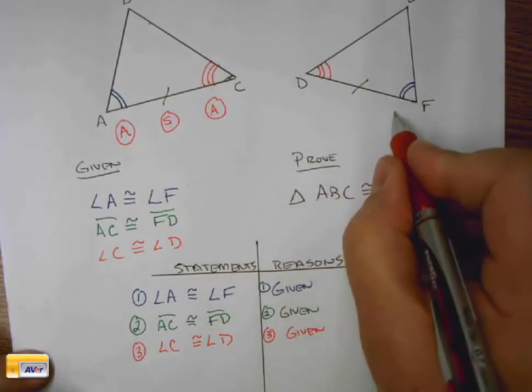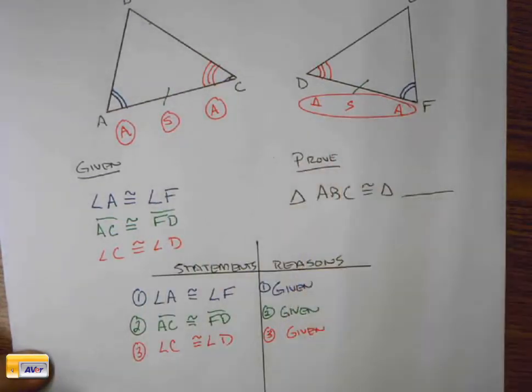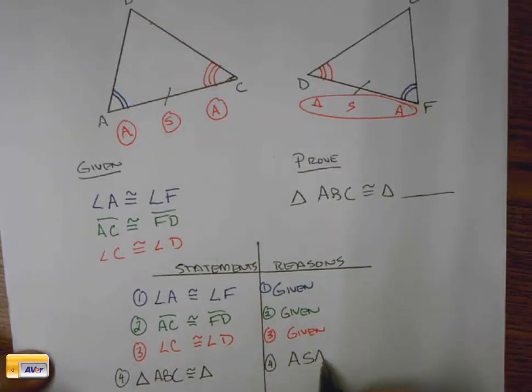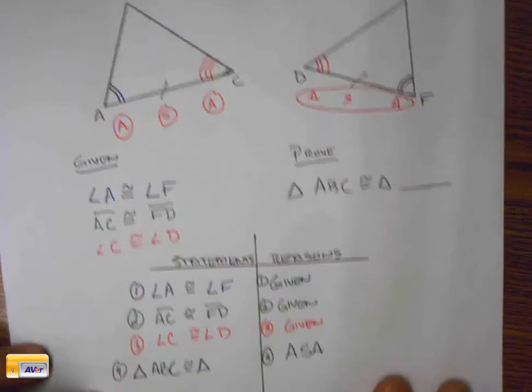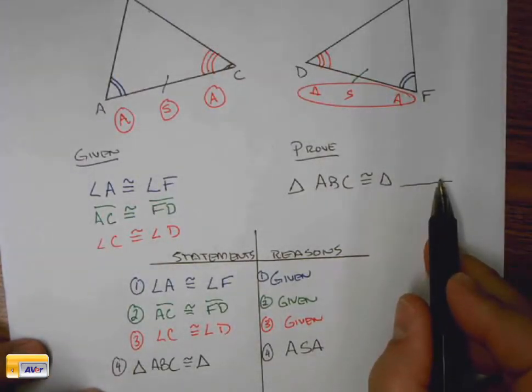Since that relationship matches over here, I know that I can claim with certainty that the triangles are in fact congruent by the theorem ASA.